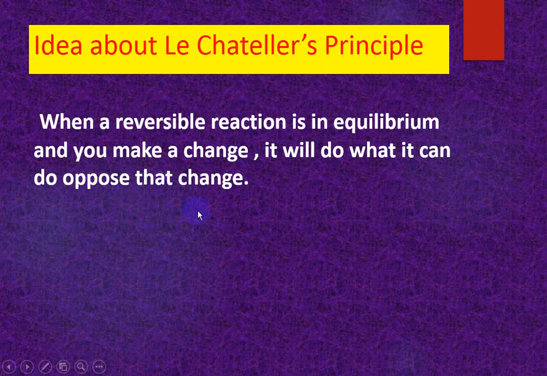If temperature increases or decreases, or concentration increases or decreases, or pressure increases, the reaction will automatically do something, and your change will be opposed. This is Le Chatelier's principle.